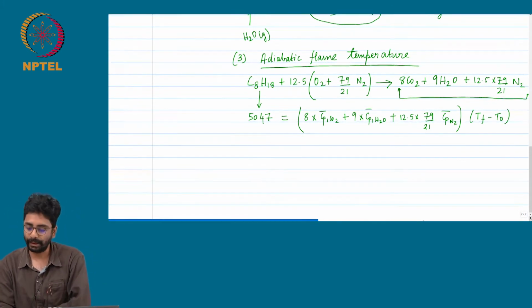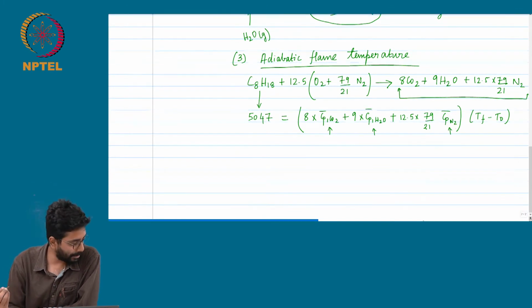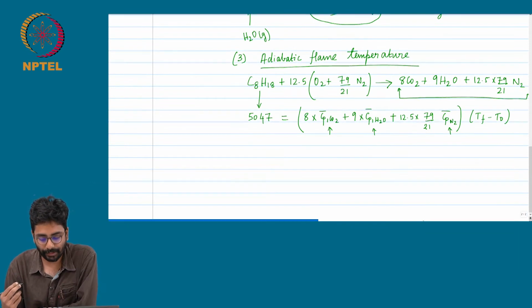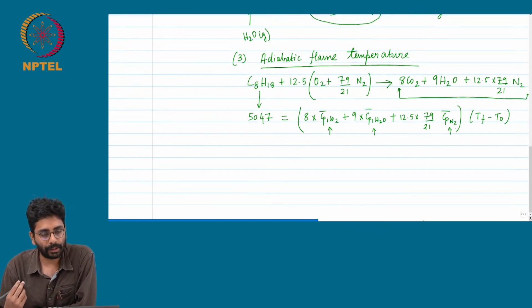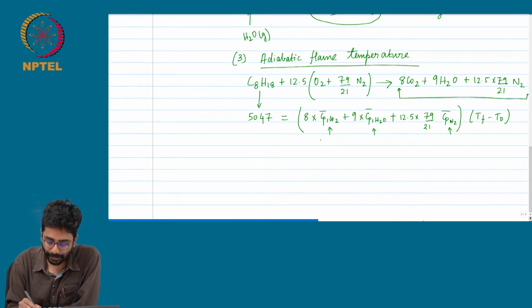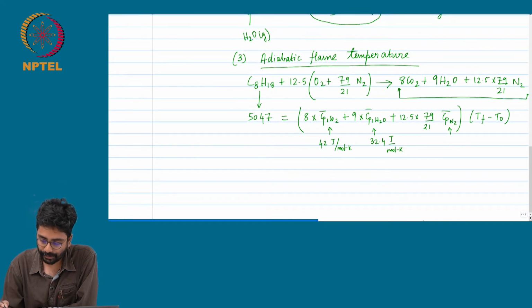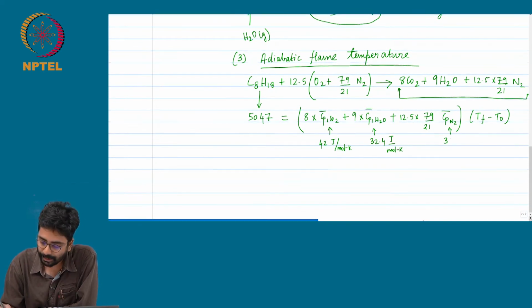So this simple formula, we know the molar specific heats of nitrogen, water vapor and carbon dioxide. It is of course Cp for multi-atomic molecules are a function of temperature, but approximate values for these quantities are 42 joules per mole Kelvin for CO2, 32.4 joules per mole Kelvin for water vapor, and for nitrogen it is 39 joules per mole Kelvin.